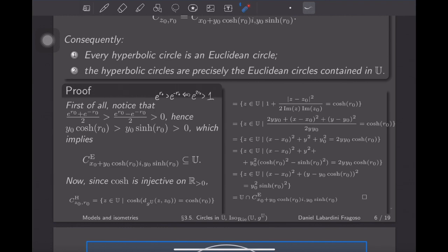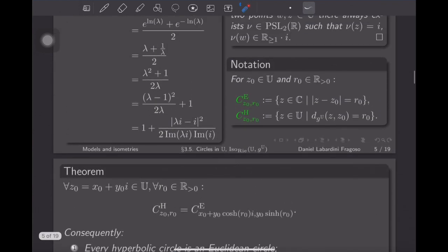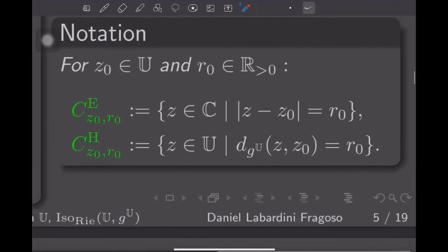And so since this is positive and this distance is always positive, I'm asking about those that satisfy that this distance is equal to this. It is equal. Then it is equivalent, since the hyperbolic cosine is injective on the positive real numbers.